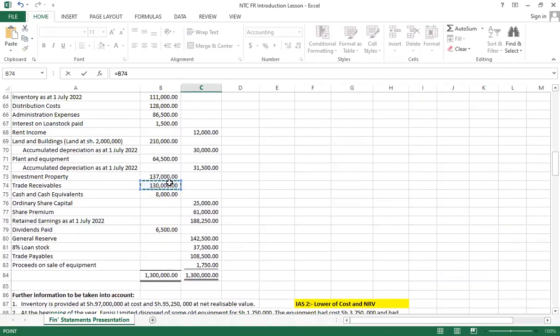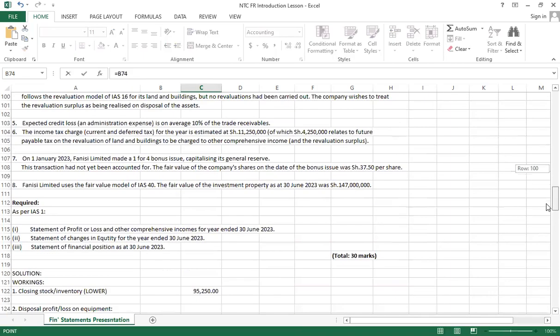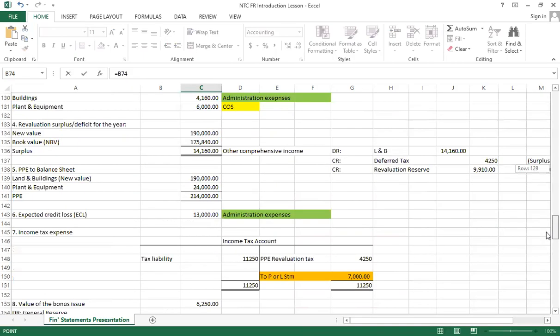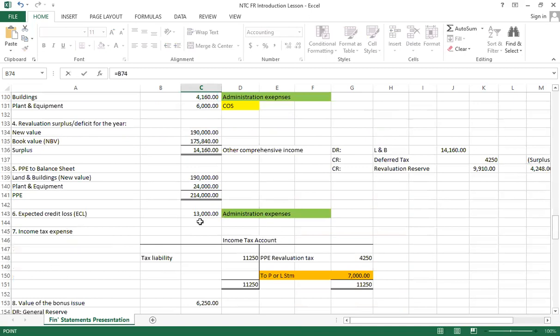It was 130, remember? But it's 130 minus what? There was some provision for expected credit loss, this 13. Remember, we computed it as 10% of the 130. And if that is the case, you say minus this 13.